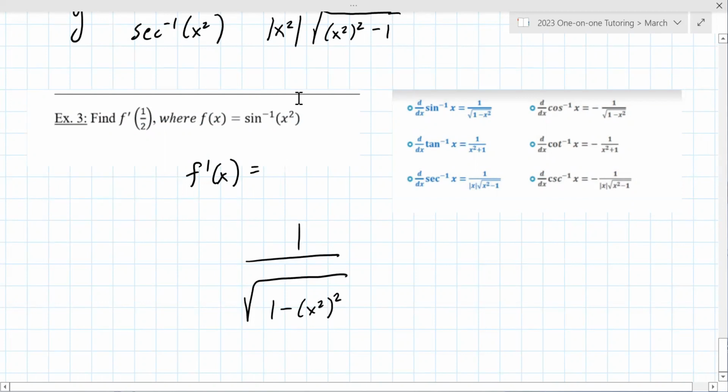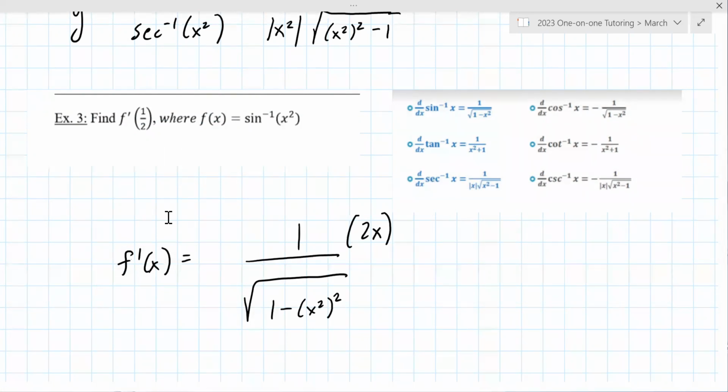But then you multiply by the derivative of the inside function, which is 2x. So this is all the derivative here.